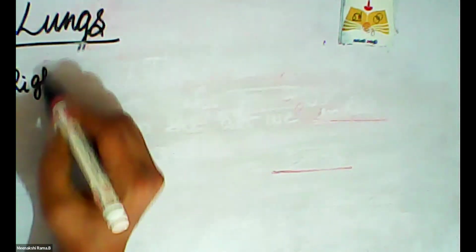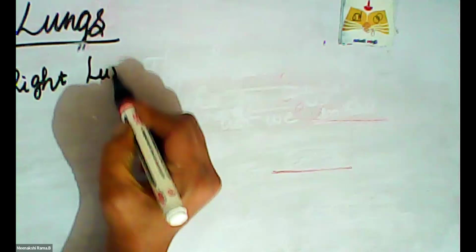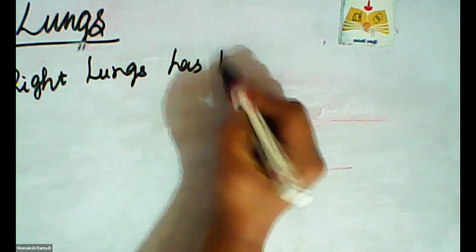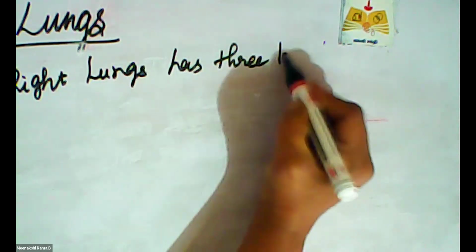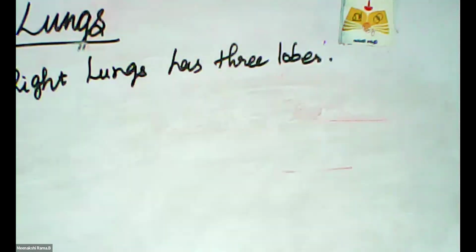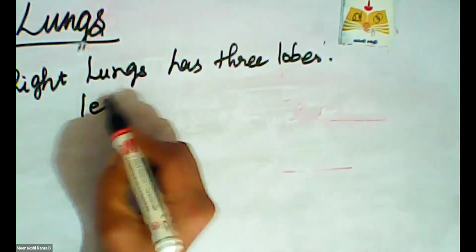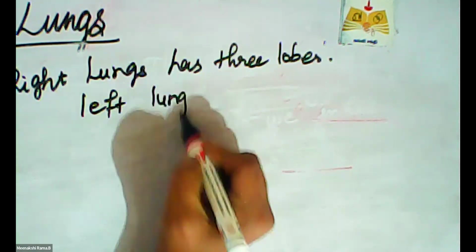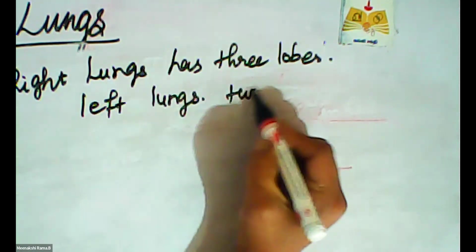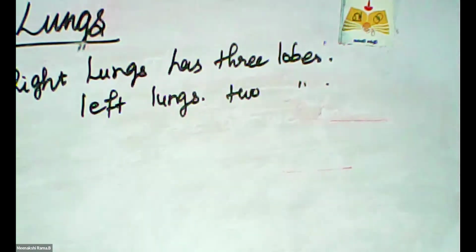Right lung has 3 lobes, and the left lung has 2 lobes only. The trachea is split into the main airways called bronchi. We already saw the picture.